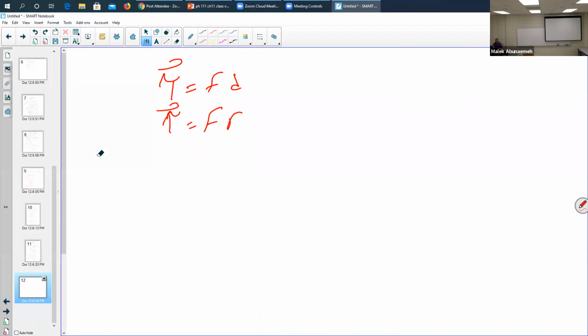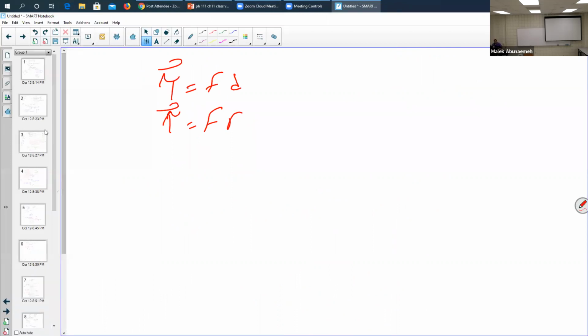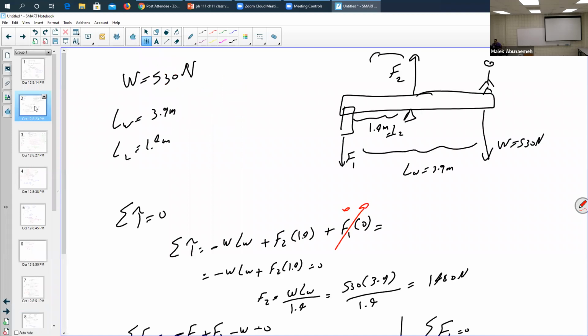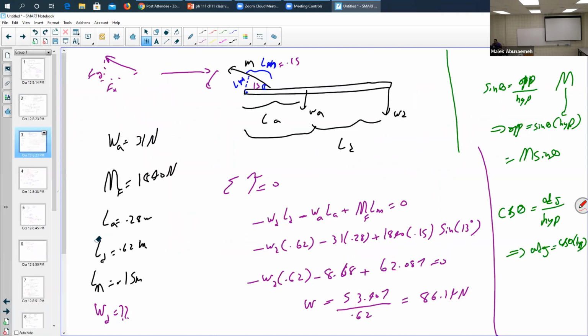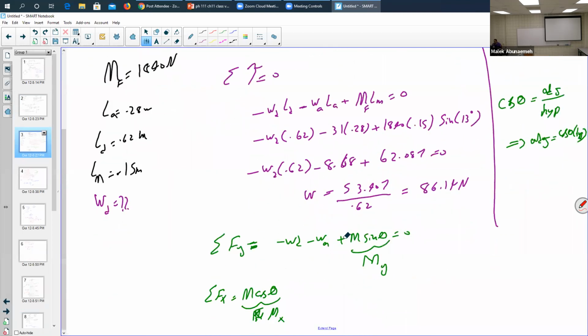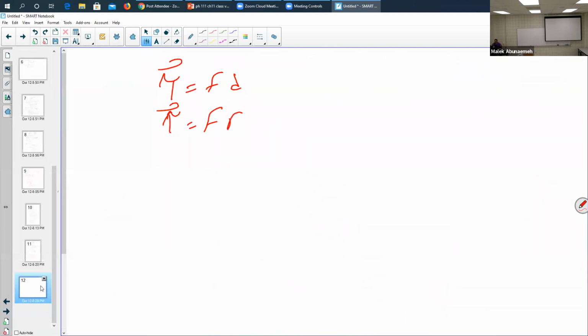But if you notice in the first question that we had, we actually used sine theta for the torque. So really, the torque is going to equal Fr sine theta, which, if you remember, is your cross product.